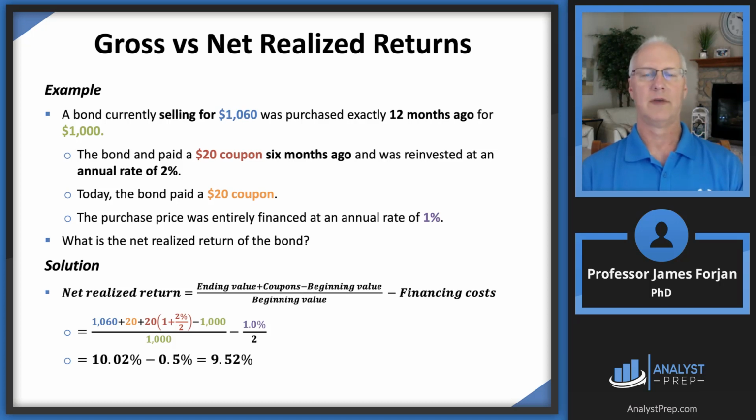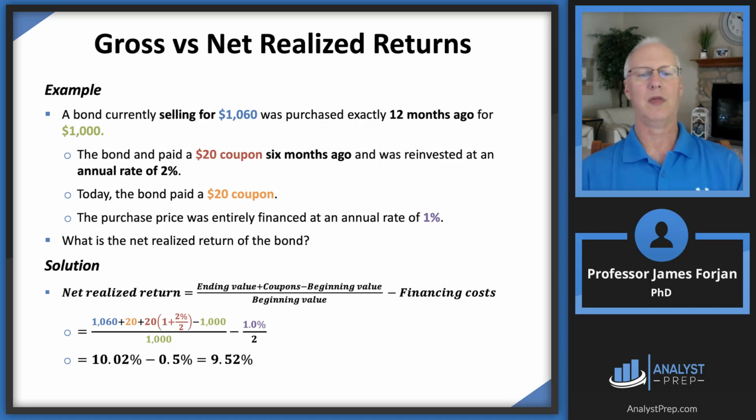Well, let's go ahead and figure out what the gross realized return is. And so we're going to take the $1,000 that we originally spent. We turned that into $1,060, right? So we made $60 over 12 months. Plus, we got $20, so we'll add the $20 in there. Plus, we got $20, and then we reinvested it for a 6-month period.